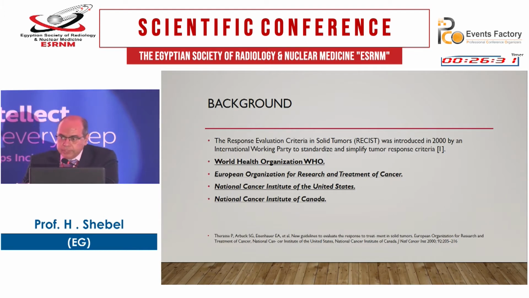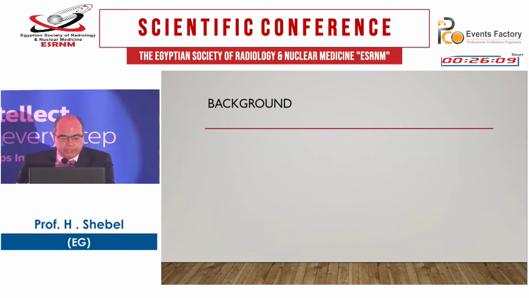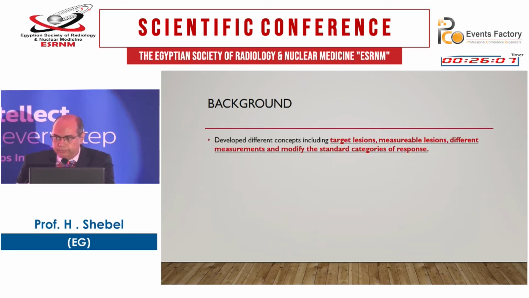So in the year 2000, 4 international organizations, including WHO, the European Organization for Research and Treatment of Cancer, the National Cancer Institute of the United States, and the National Cancer Institute of Canada, made a group summit and established a new criteria named RECIST criteria.